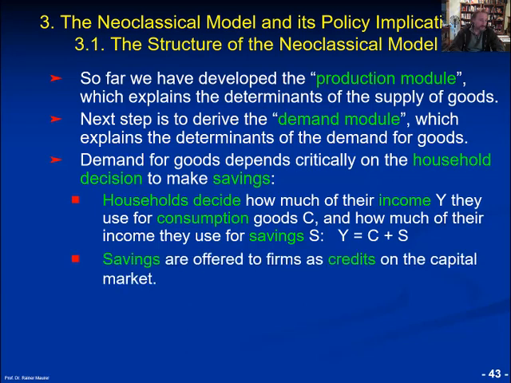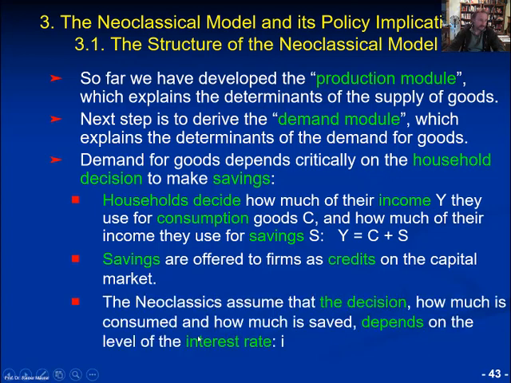Savings are offered to firms as credits on the capital market, as we have already seen. The neoclassics assume now that the decision how much is consumed and how much is saved depends on the level of the interest rate.